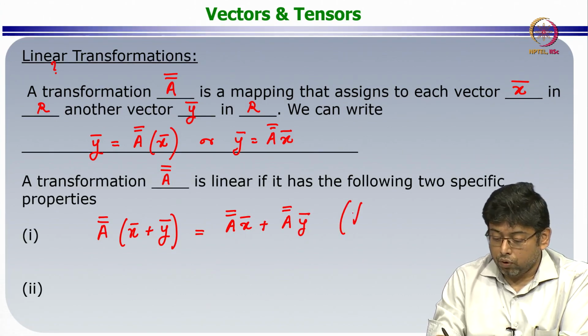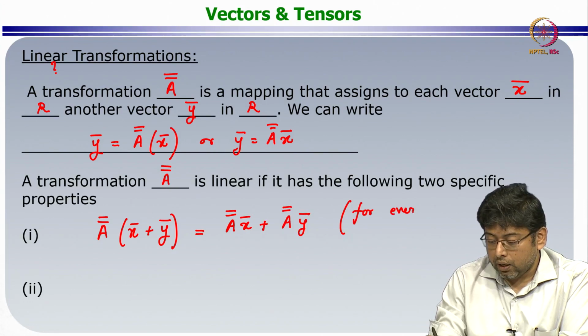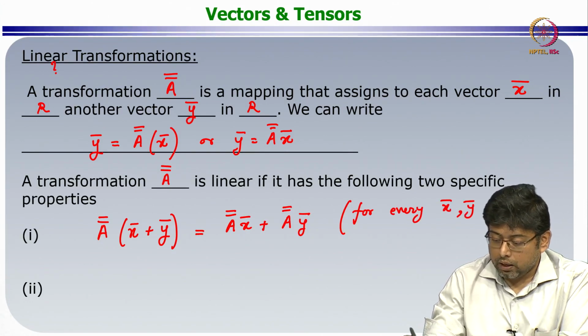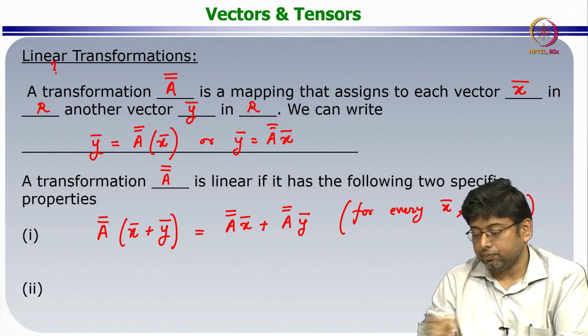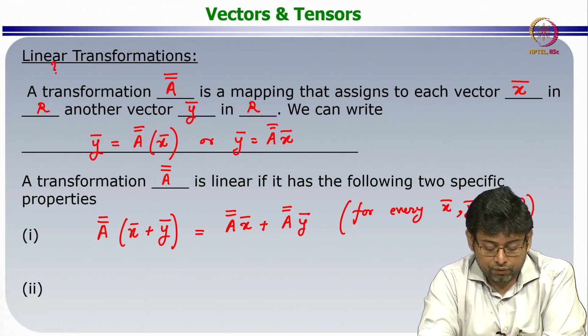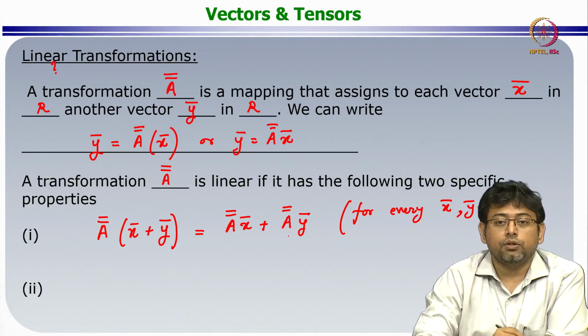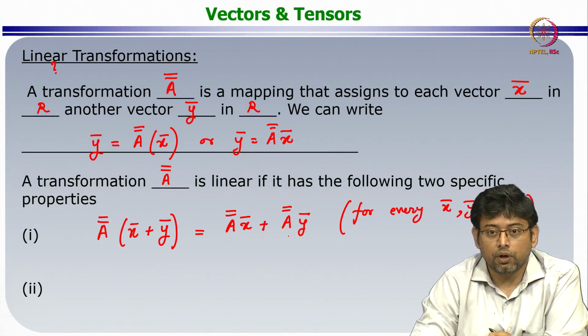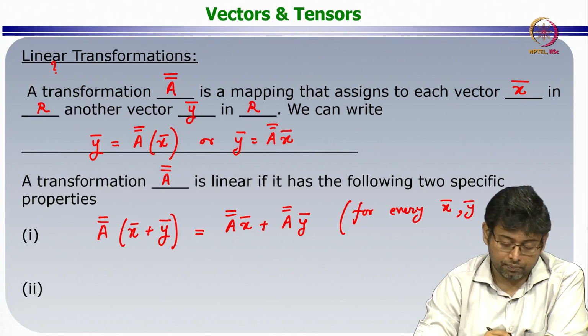And this has to be true for every x, y in R. Okay. So it is not sufficient if this rule applies to only specific vectors in R. It has to apply to every single vector.